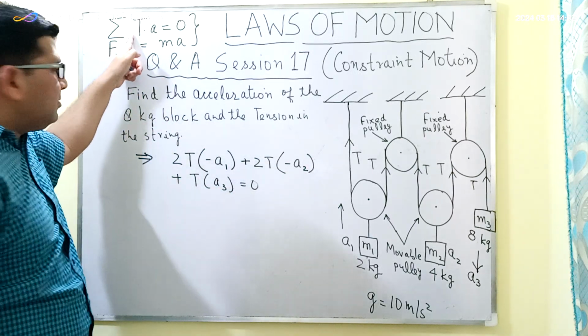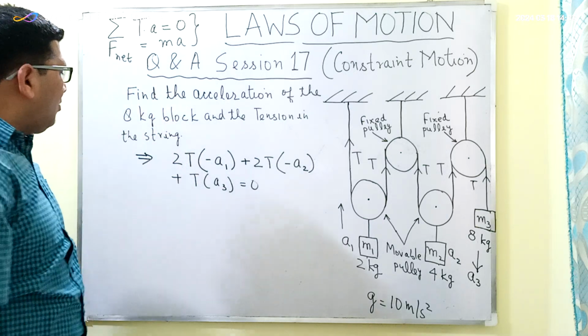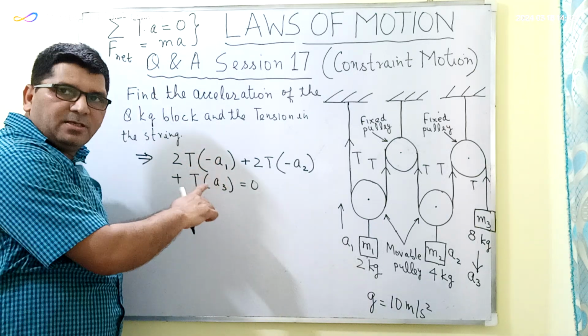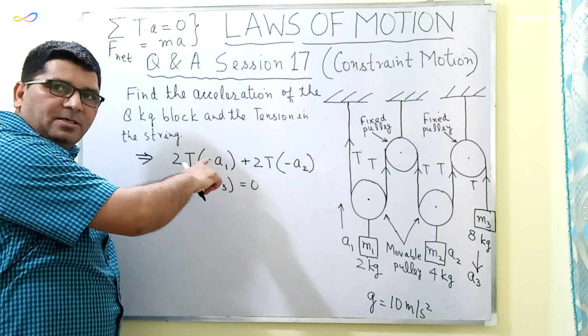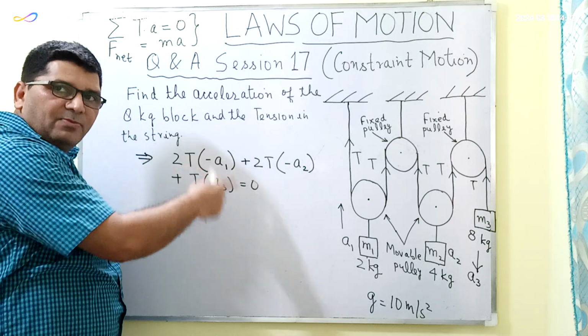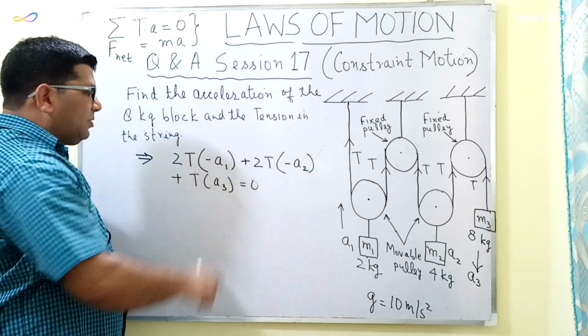As per this equation, the algebraic sum of the product of all the tensions in the string and the acceleration of the individual block is equal to 0.